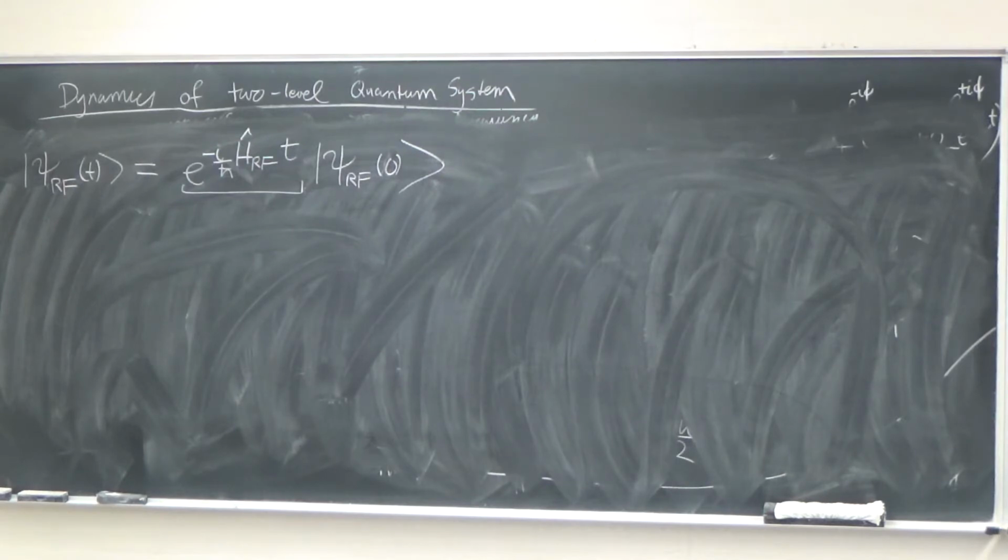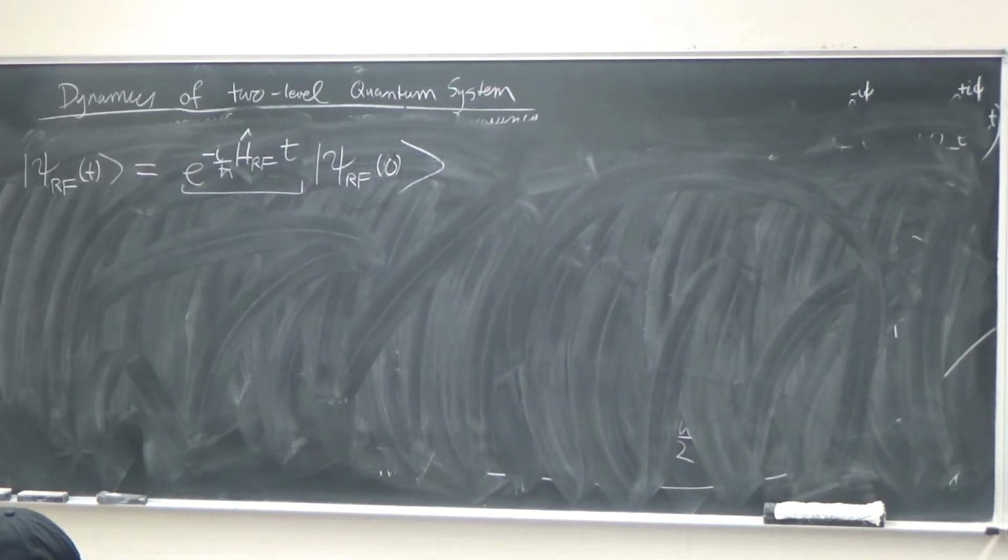This operator is equal to h bar times some big vector I'm going to call omega tote over 2 dotted into sigma, where omega tote is equal to something which has the component minus delta in the z direction plus capital omega cos phi e sub x, plus sine phi e sub y.